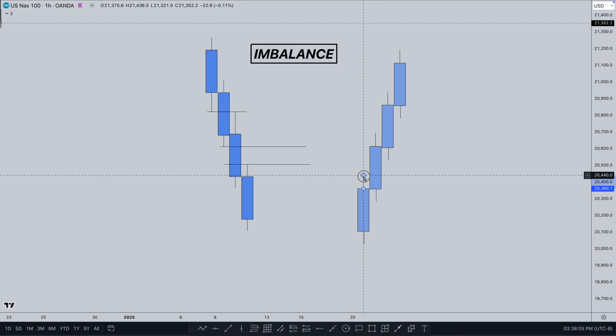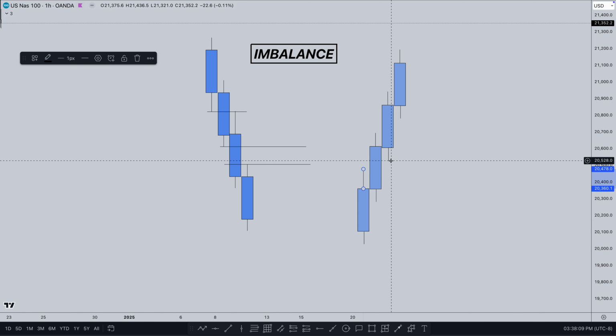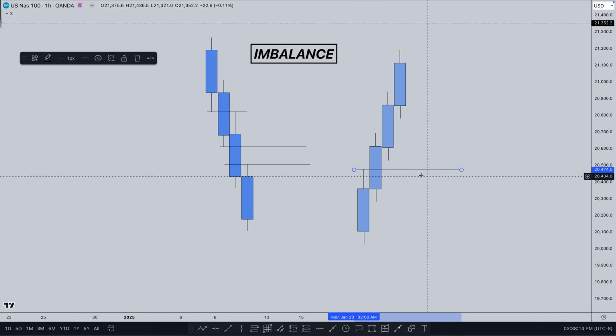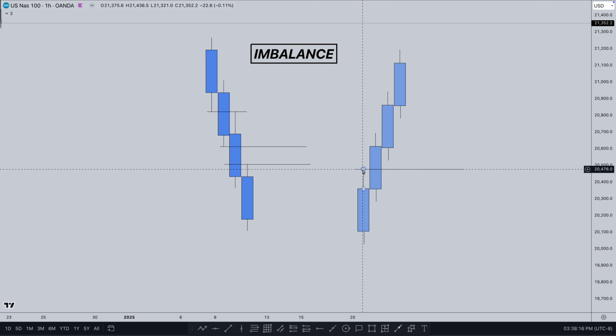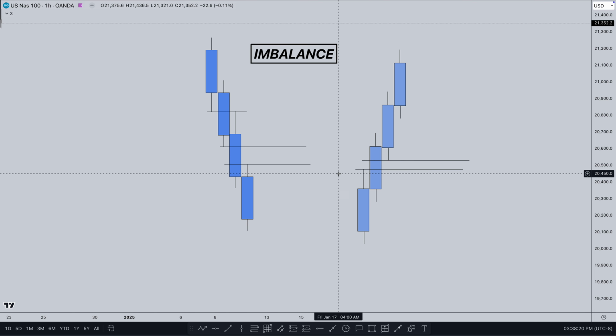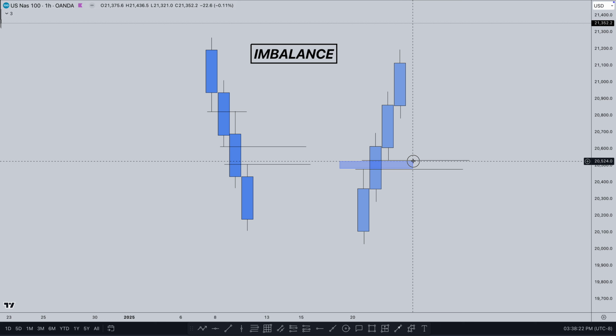This time, let's say the wicks on this one, they don't connect. Similar situation. This is an uptrend now. Draw the horizontal line there, and then I draw it here. There's a small little gap here where sellers never got a chance to sell because it was buying up so aggressively. No sellers were able to step in and sell here. So that's an imbalance. That's a gap.